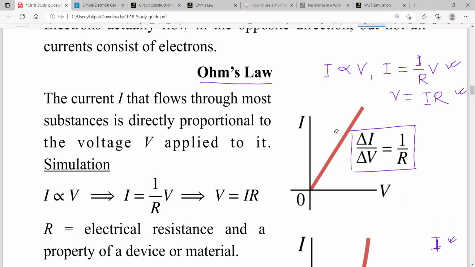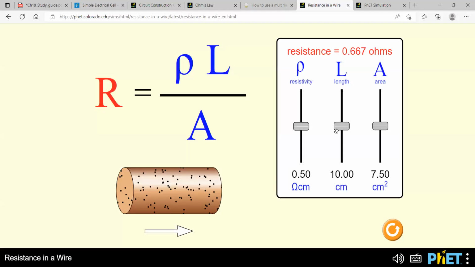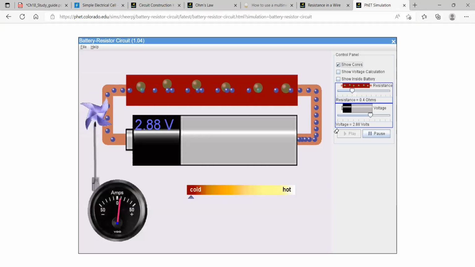Now to understand resistance, let me go to here. Here you see that a battery is connected with, let's say, a metal wire.